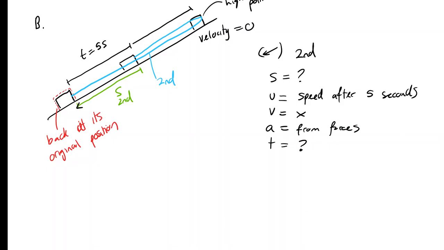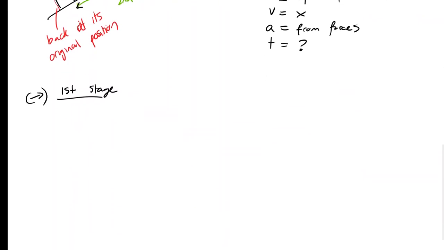So the speed after 5 seconds. If we look at the first stage, the first 5 seconds, we'll take upwards to be positive. SUVAT. We don't really care about how far this travels just yet.